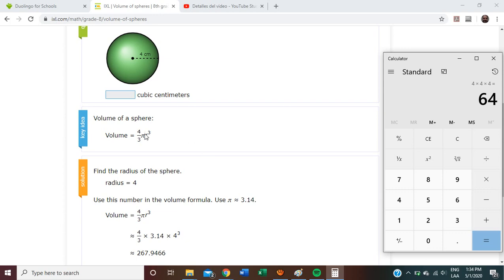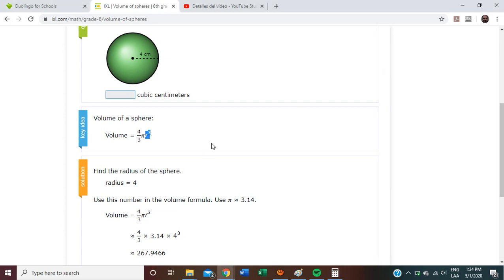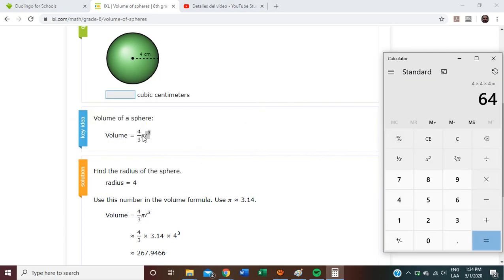And now that we know that the radius to the power of 3 is 64, we multiply 64 times pi. We know that pi is 3.14. Well, it is rounded to 3.14, and the result is 200.96.